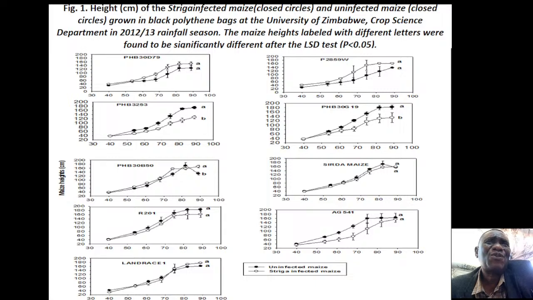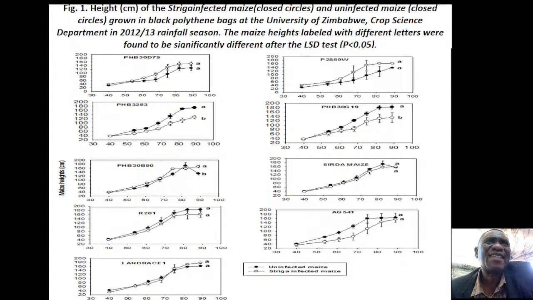The other one should be in an uninfected one. Then you measure the heights. You then compare the heights. If the heights are separating, it means you have got high susceptibility, like probably here.